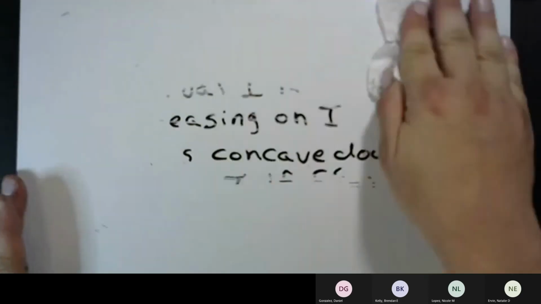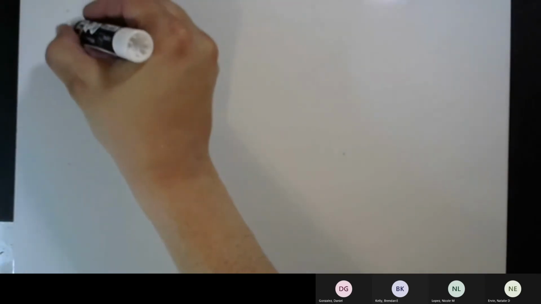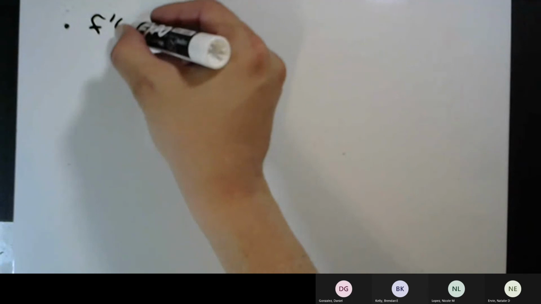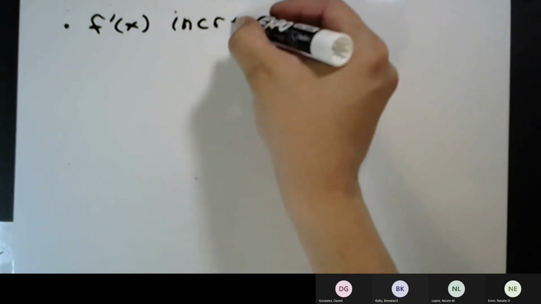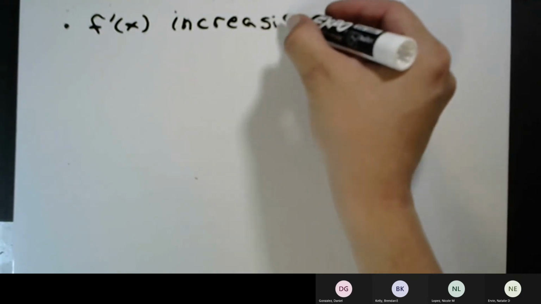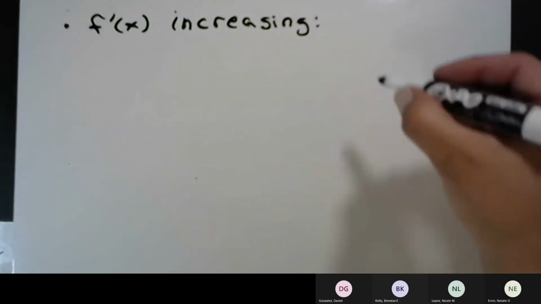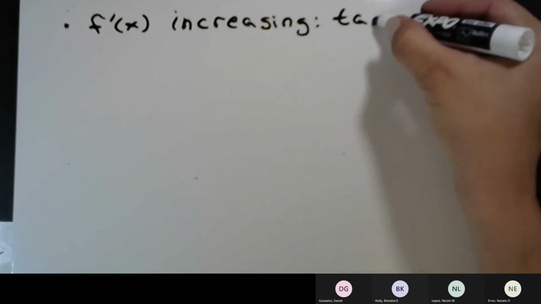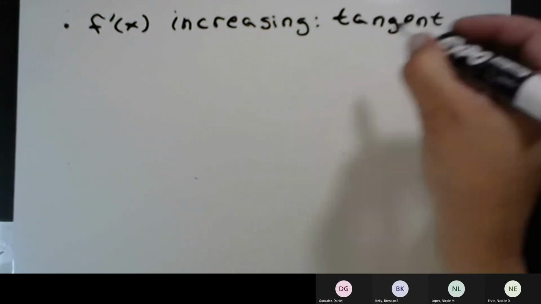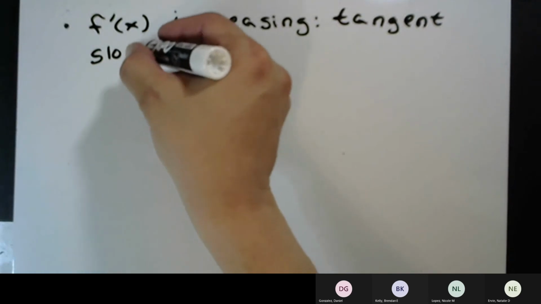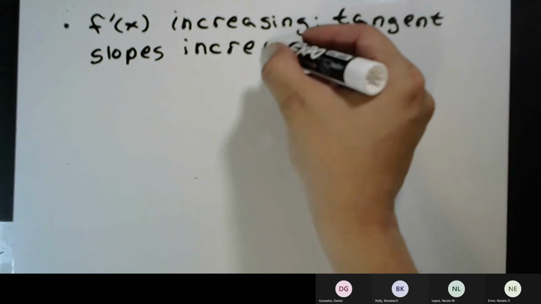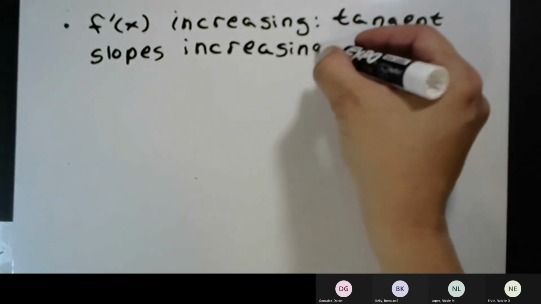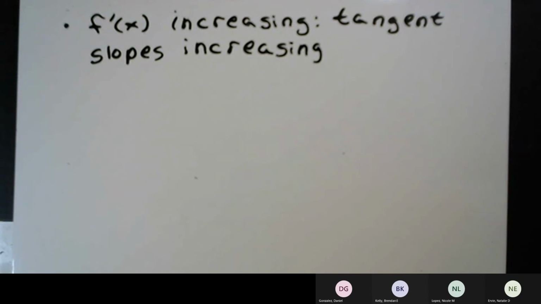So what it means is this. f prime of x increasing means the tangent slopes are increasing.